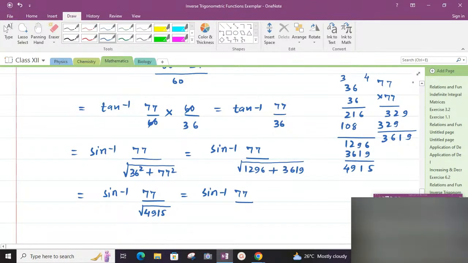So here will be 49 plus 4 equal to 53. So we write down here 53. Here also will be 53.